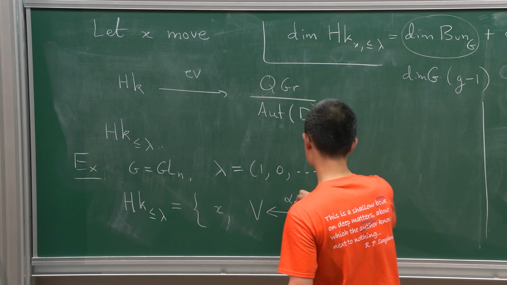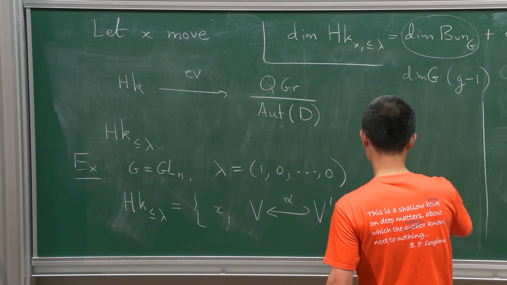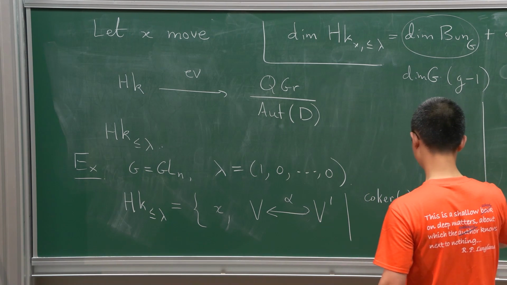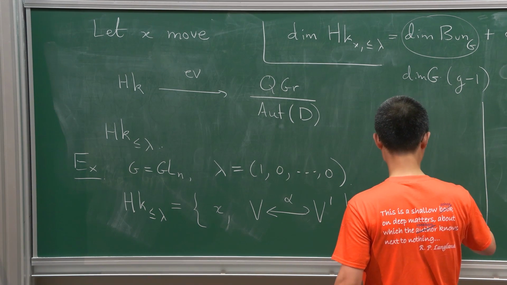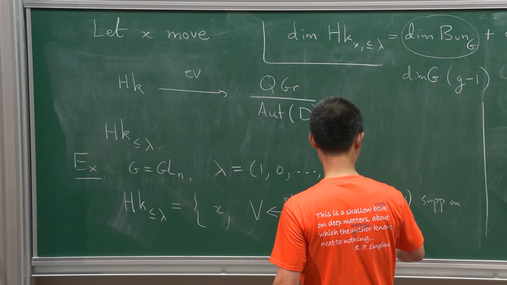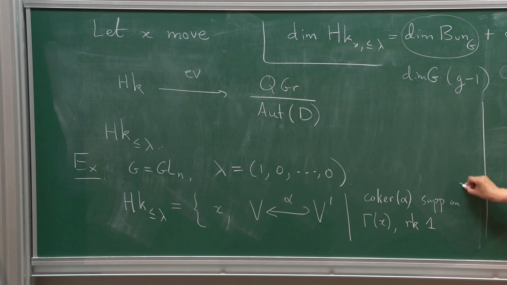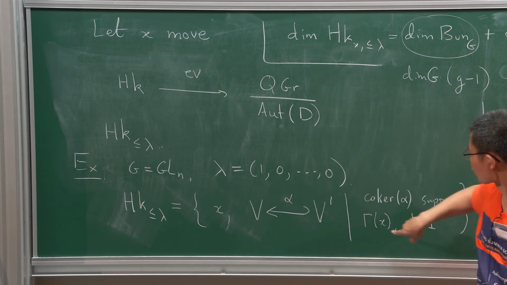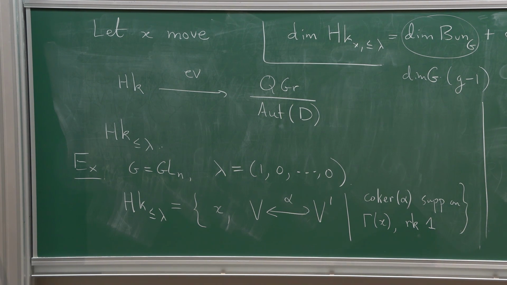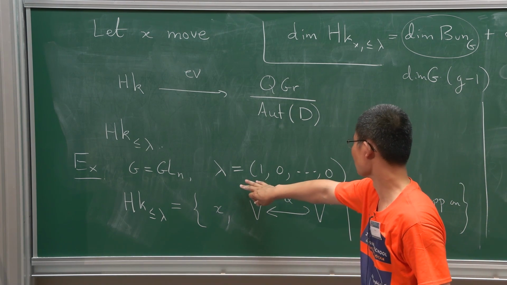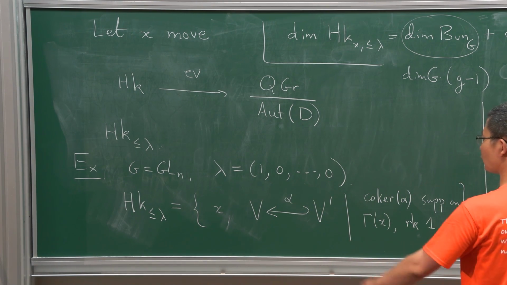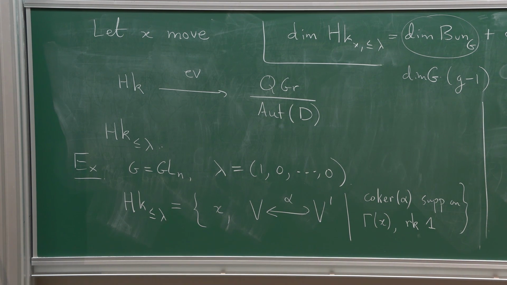The condition is, this is a map alpha, and the cokernel of alpha is supported on the graph of x, and is locally free of rank 1 there. So it's a skyscraper sheaf, the cokernel is a skyscraper at x. That's in some sense the most common kind of modification that you see in automorphic forms.